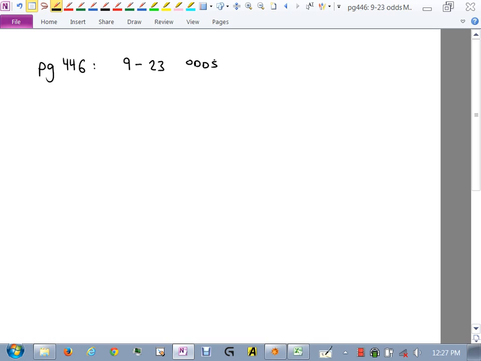And then numbers 25 through 35 odd. I realize I could have said 9 through 35 odd, but I'm separating them because they're two different concepts. On these, they give you a problem something like log base 8 of 64, and they want to know what that is.